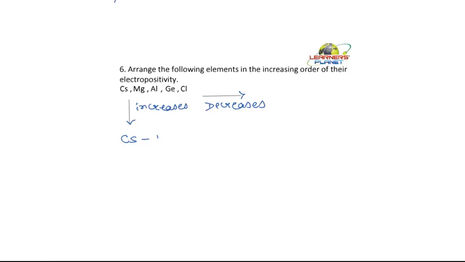Cesium belongs to the first group, 7th period, right? Magnesium belongs to the second group, and which period? Second period. Aluminium belongs to the third group and third period, right?